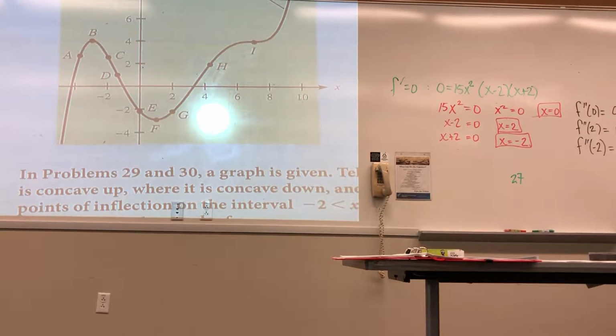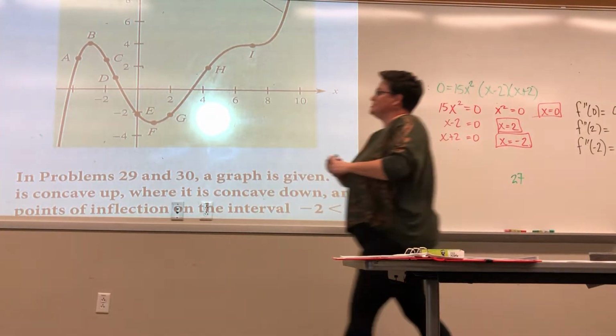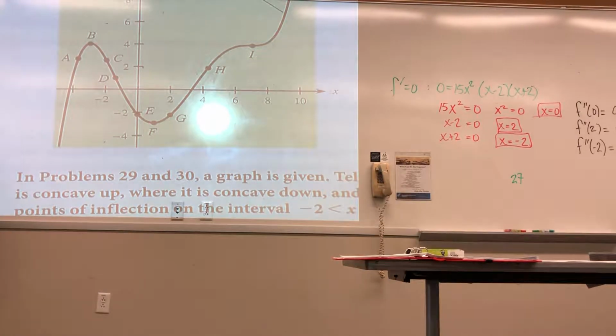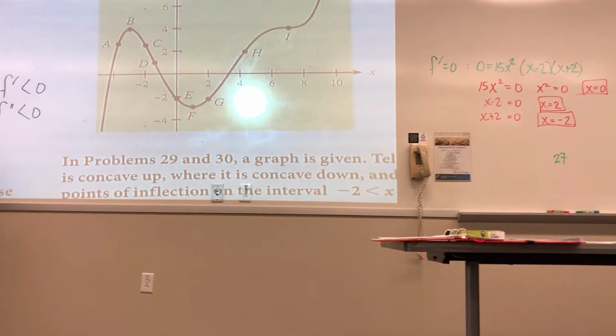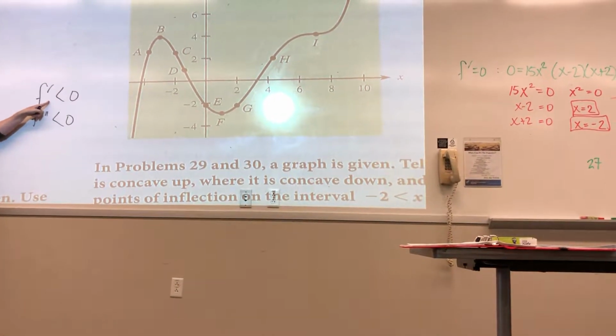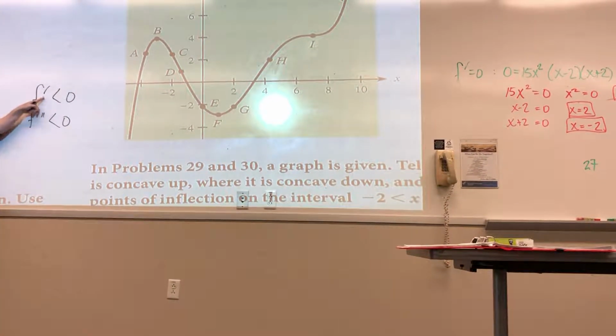F prime is less than 0 and f double prime is less than 0. So let me write that out. F prime is less than 0, f double prime is less than 0. So this is like saying negative slope, right? Because f prime is where we go to get slope. So we're looking for negative slope. And f double prime is less than 0, so that's concave down. Okay?